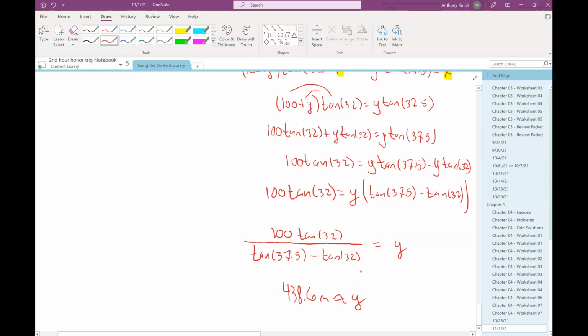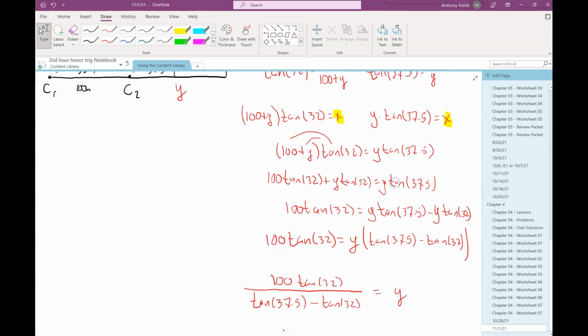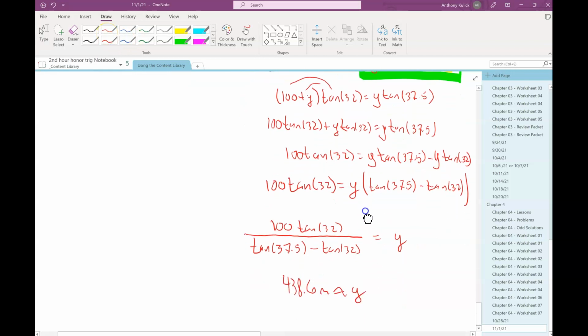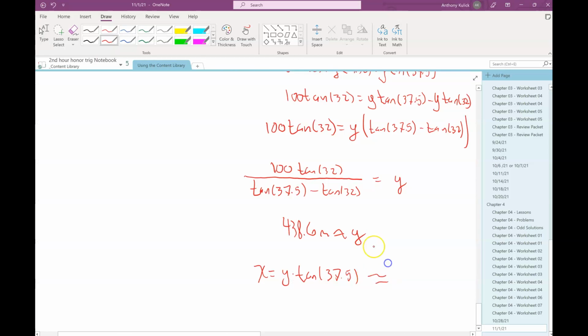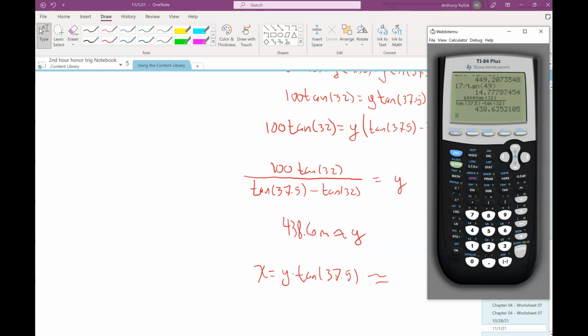But that's not what we're looking for. Remember, we're looking for x. So what I'm going to do then is just take this equation and plug the y in to get x. So I'm going to take that answer times tan 37.5.